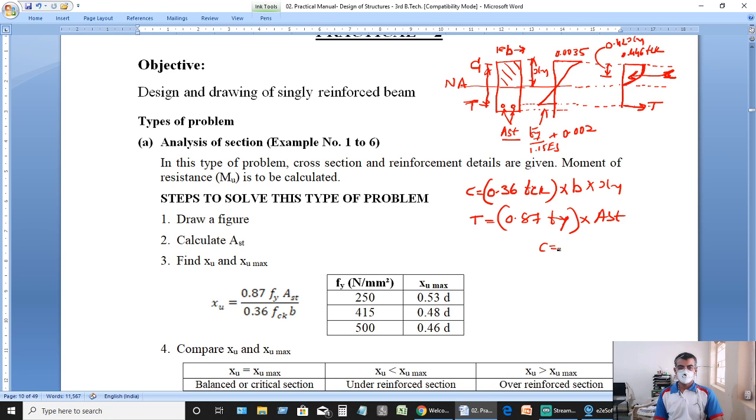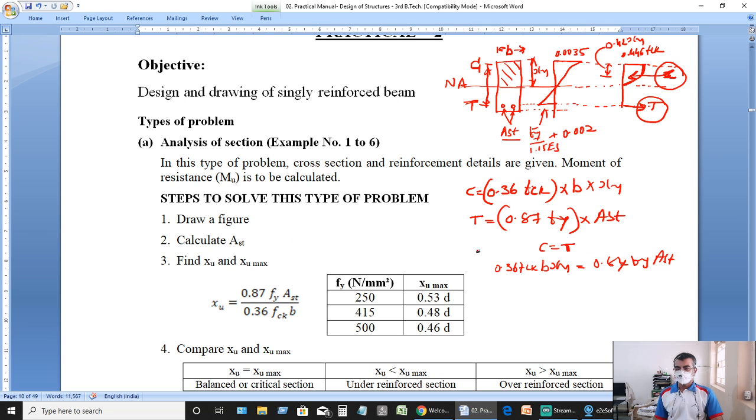Mostly we provide the area of steel and the effective depth of this beam in such a way that C will be equal to T, that means it is balanced. Whatever compression is registered, the same will be the value of tension. If you put these values over here, it will be 0.36 FCK into B into XU equal to 0.87 Fy into AST.